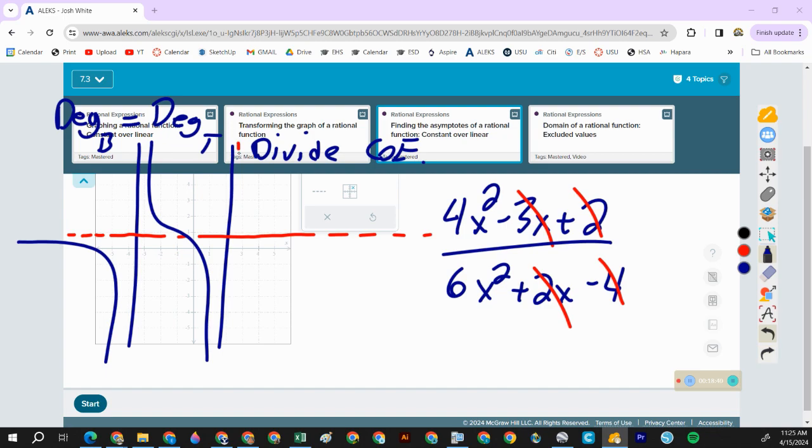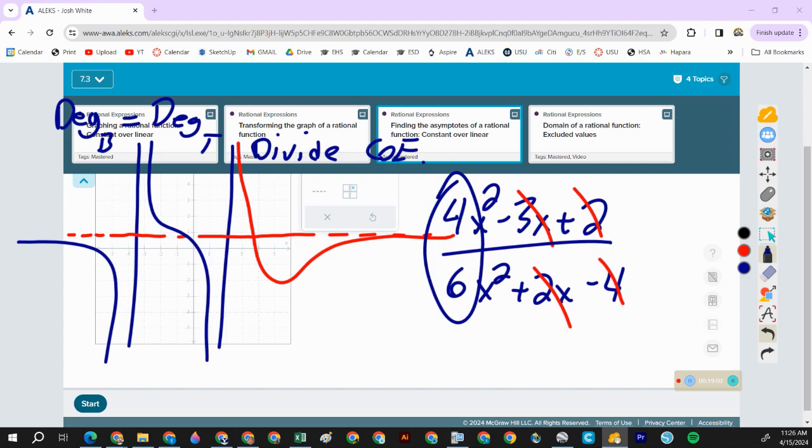You can actually come down and go through and then back up. So if the bottom and the top have the same degree, the HA is simply the ratio of the leading coefficients. 4 over 6, which is 2/3.